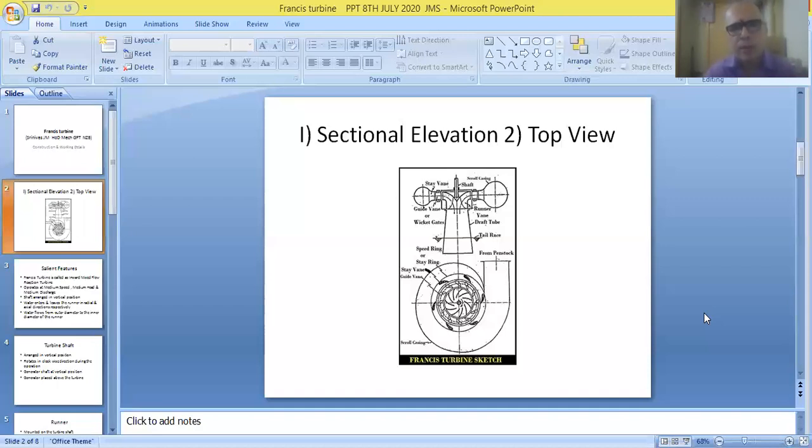So these are the various components of Francis turbine, and this is the general arrangement of the Francis turbine. Now we have discussed the details of construction of Francis turbine, and also the working of this particular machine.